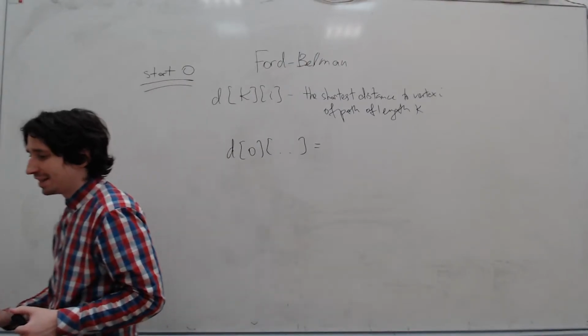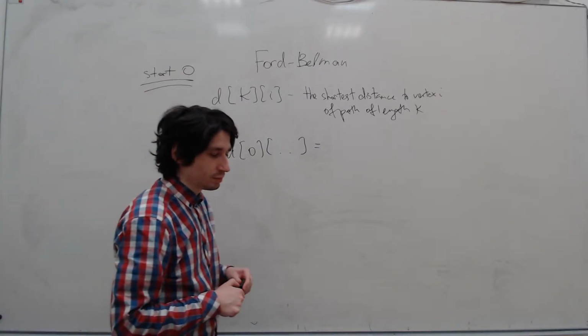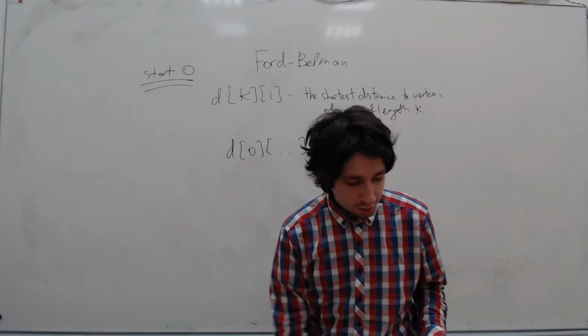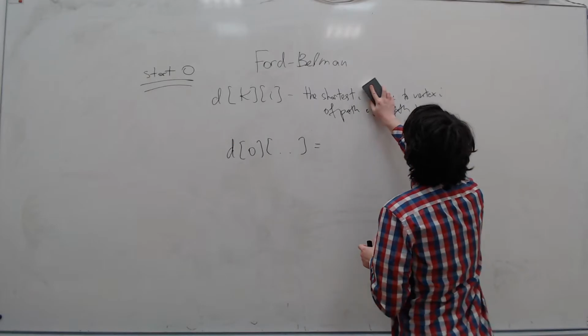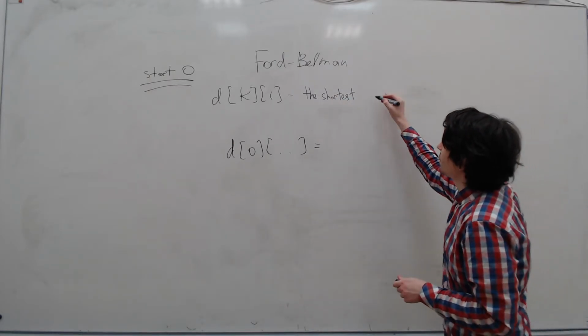Could you please read, because it's not clear. What is the shortest distance? I cannot recognize the text. The shortest distance of a path of length k.